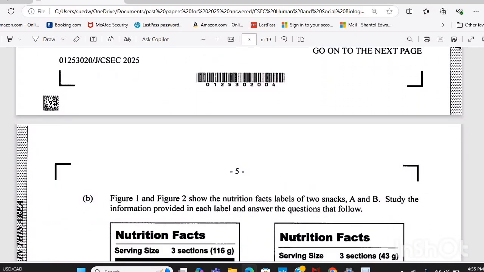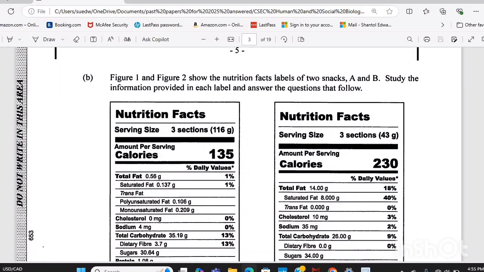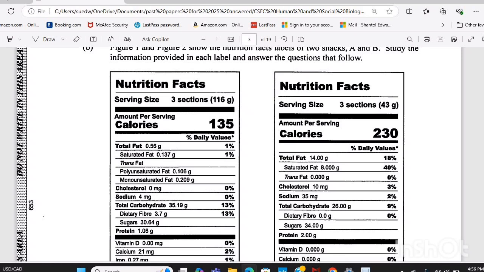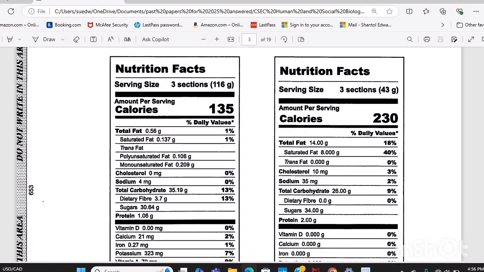Let's move on. This question says, Figure 1 and Figure 2 show the nutrition facts labels of 2 snacks, A and B. Study the information provided in each label and answer the questions that follow. Now we have these 2 nutrition facts labels. They give us the serving size for both of them and the amount of calories per serving.